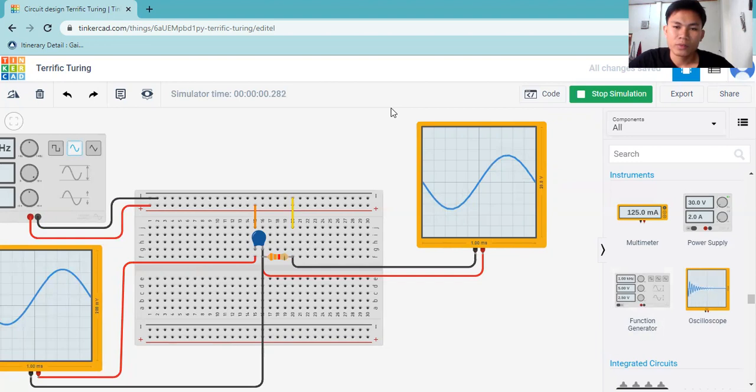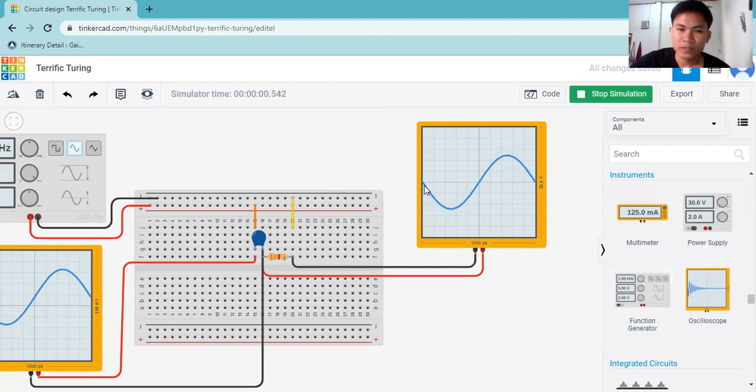If you want to know the voltage across this resistor, we can count the peak to peak voltage and multiply by 20. That should give us the voltage across the resistor.